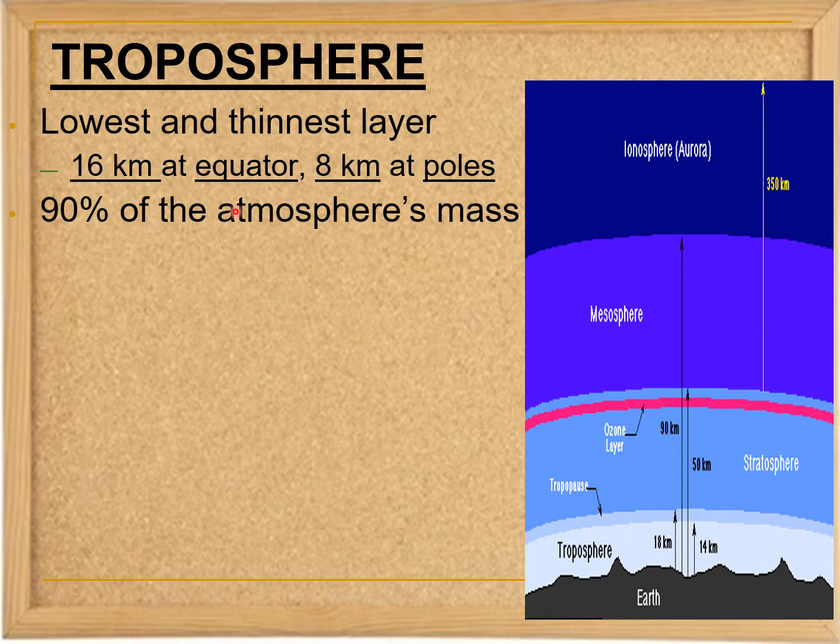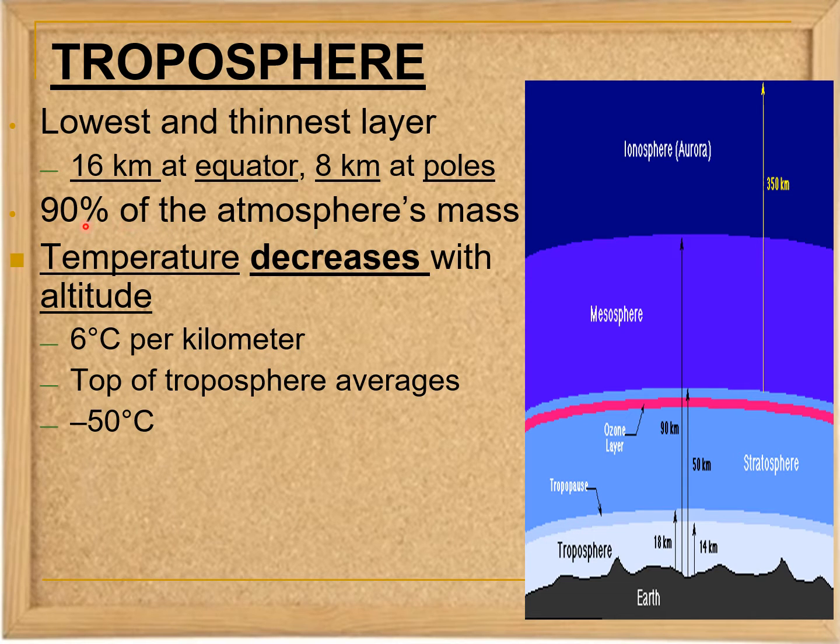Next, 90% of the atmosphere's mass is in the troposphere. As we all know, the molecules are held by gravity, so most of the air molecules stay in the troposphere layer. Also, please take note of this: in the troposphere, temperature decreases with altitude. What is altitude? That means height.